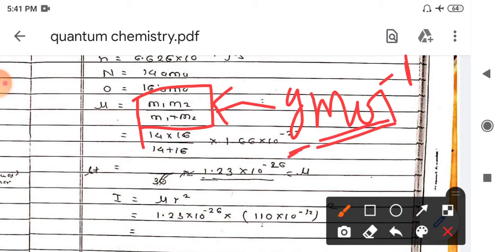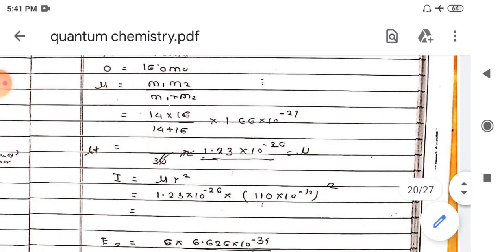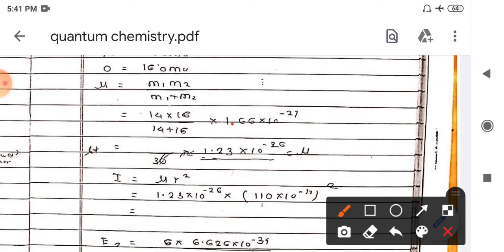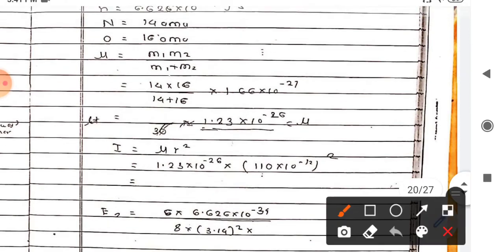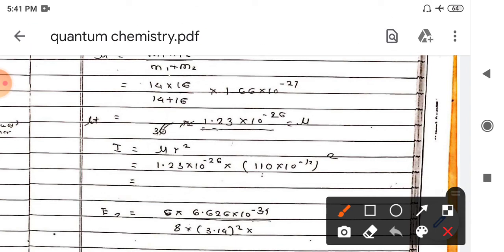So to cancel the mole, we divide by Avogadro's number, or simply use the constant 1.66 into 10 raised to minus 27. Either multiply by this constant or divide by Avogadro's number, and you get the answer in gram or kg, whichever unit you take for the weight. Here 10 raised to minus 23 will come if you use kg.